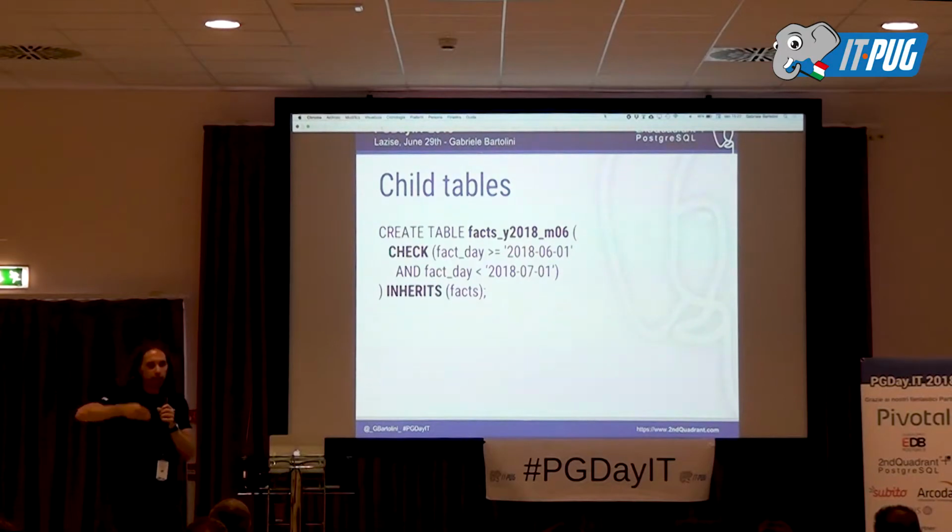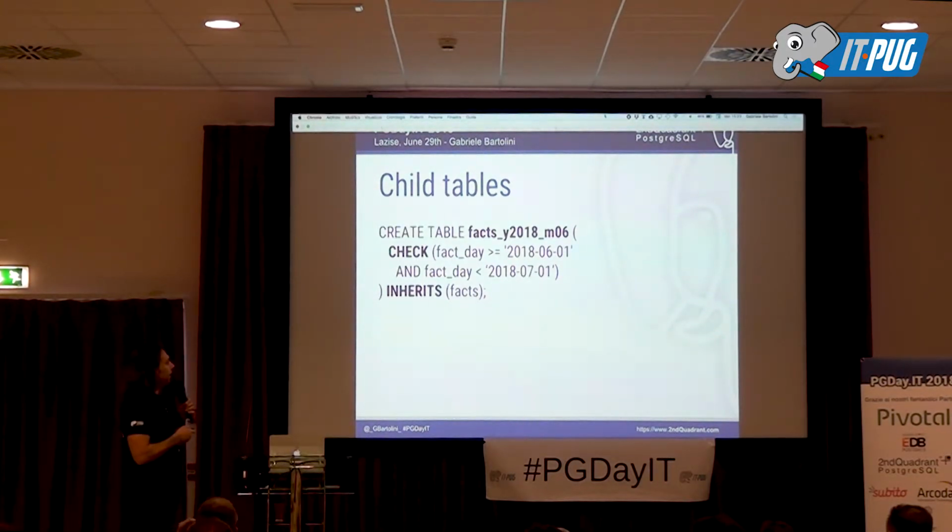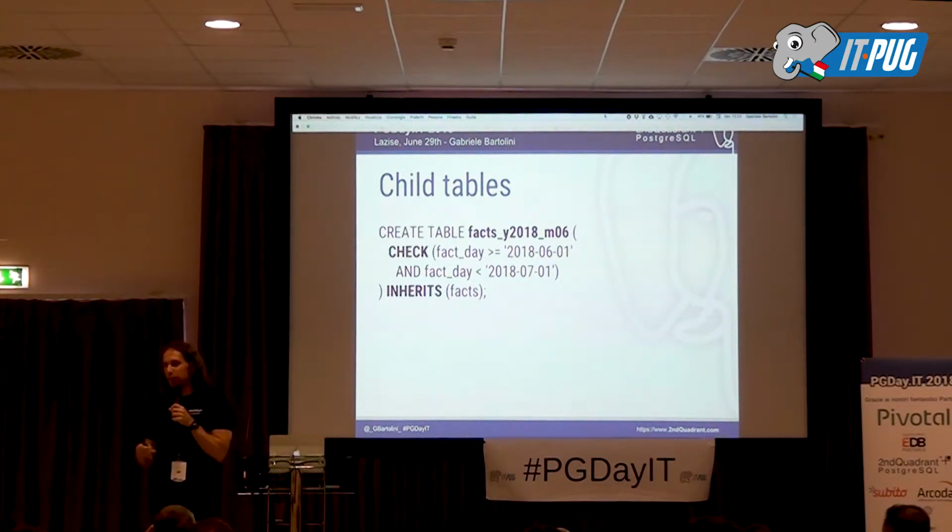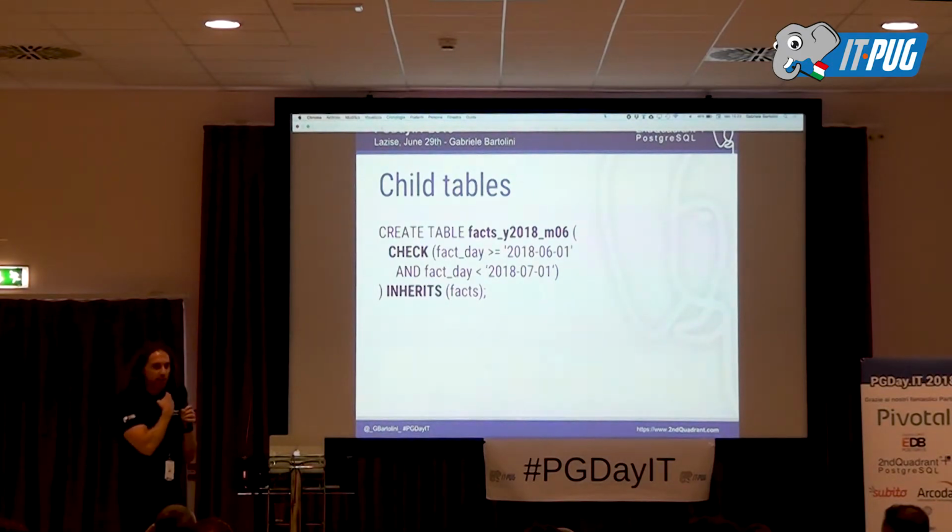Also because if I order the tables in alphabetical order, they're also in chronological order this way. This is the check constraint that defines the values for the partition. I say fact day must be between the 1st of June and the 1st of July, not inclusive. So all days in June. And I specify an inheritance relationship between this table and the facts table.